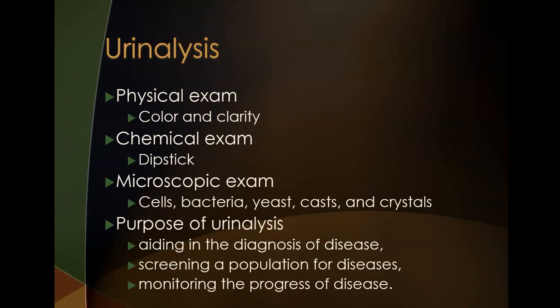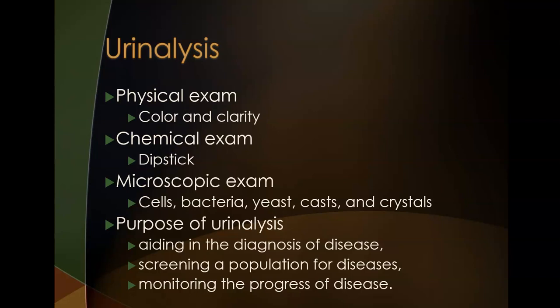So urinalysis, you have a whole class on that, so I'm not going to spend extensive amounts of time on this, but in urinalysis, you do a physical exam of the urine, so color and clarity, the first two things that you note about the urine. Then you do a chemical exam, that's the dipstick with all the little chemical reactions, looking at things like the pH and the protein levels in blood and all of that.